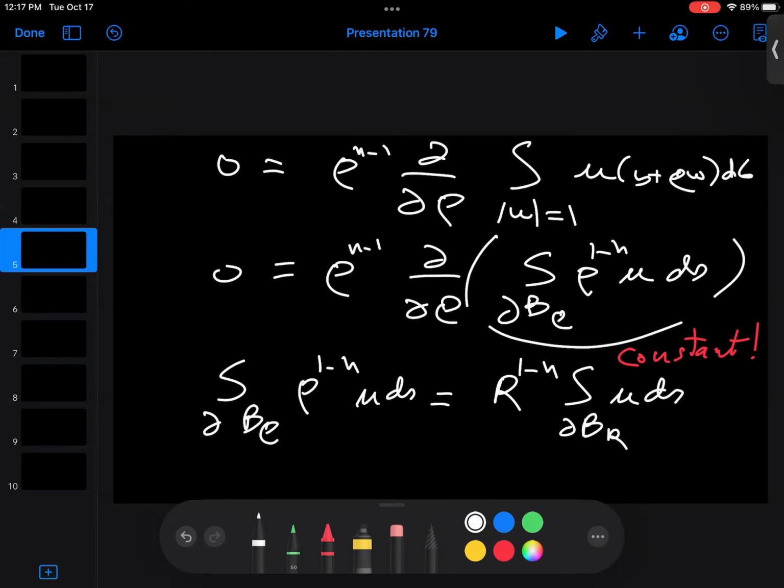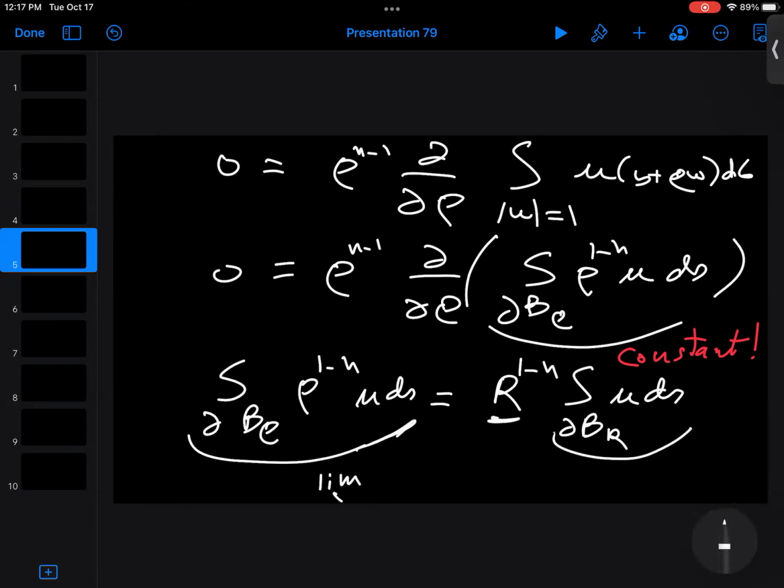So the last step. This is good because this expression appears in the theorem. So to end the proof, I'm going to compute the limit as rho is going to 0 of this quantity.